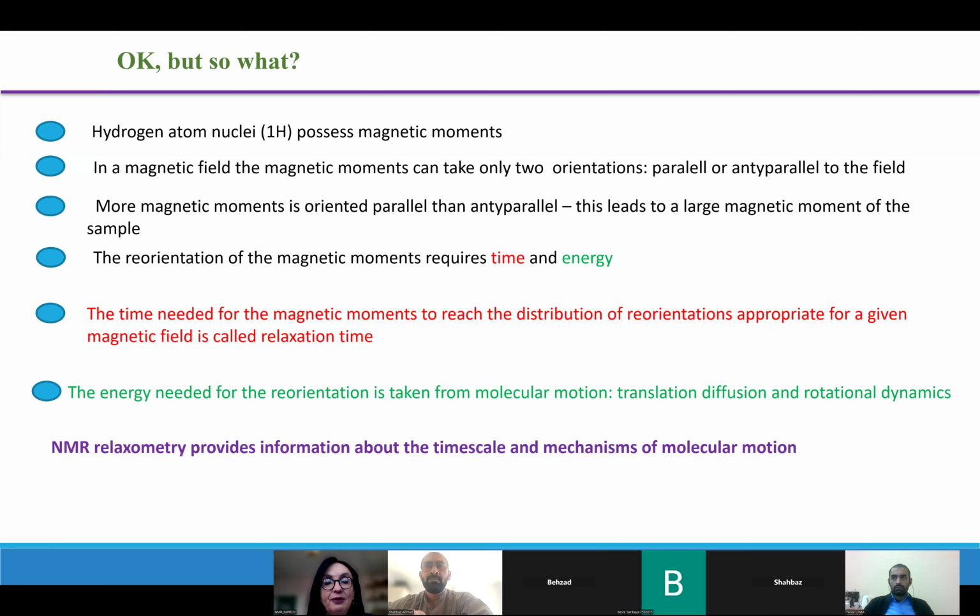When we say translation diffusion, the typical picture you have in mind is that, let's say, there is something smelly in one corner of a room. For instance, we open a fridge with our cheese samples stored there for some time, and then after some time, people sitting in another corner become aware of this. This is how we understand diffusion.